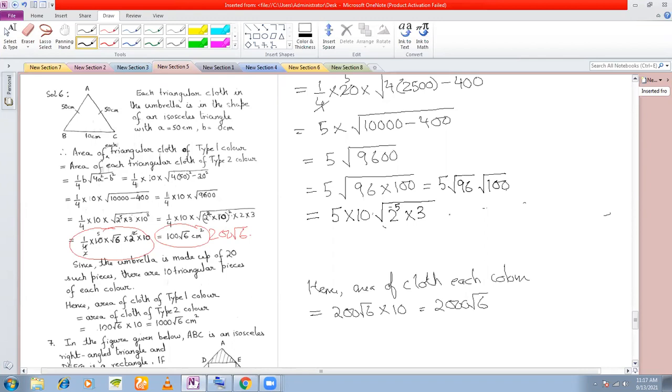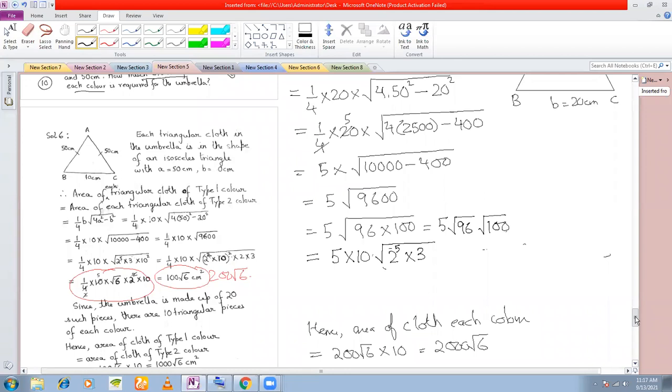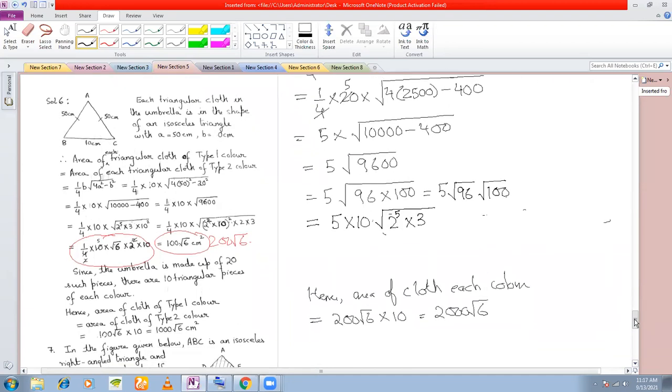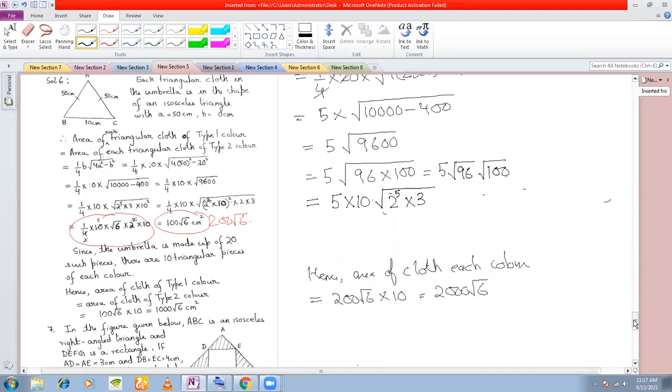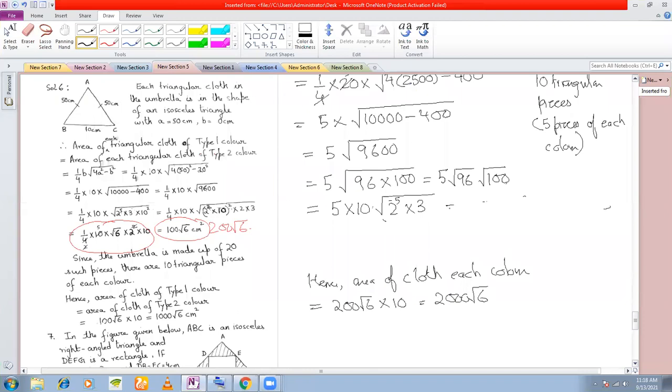Okay, this should come to 20 root 6. I'll just show you the working a little later. This should come to 20 root 6 centimeter square.